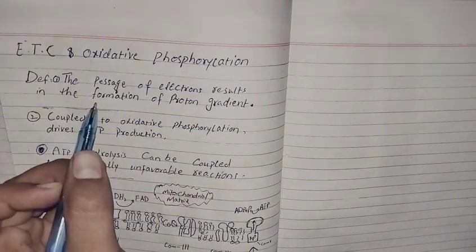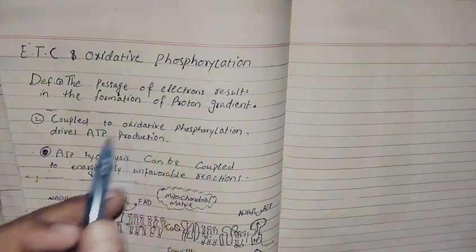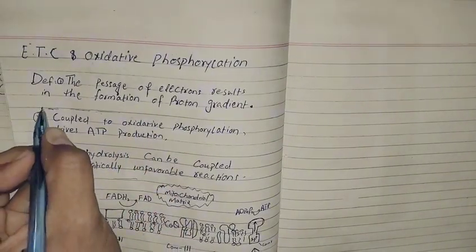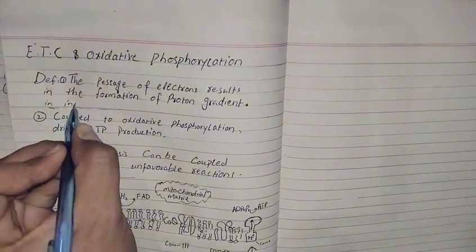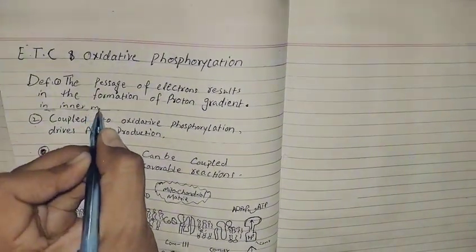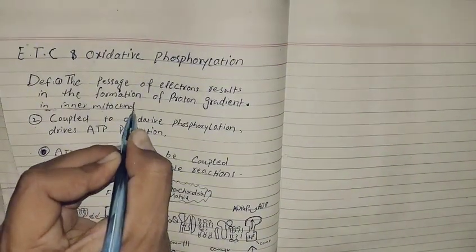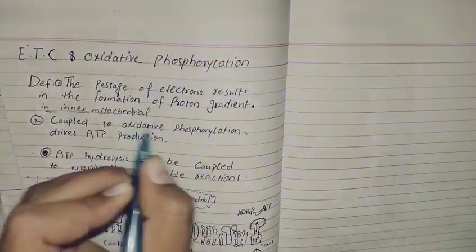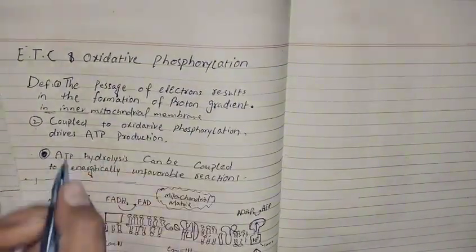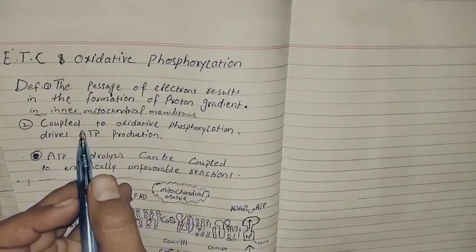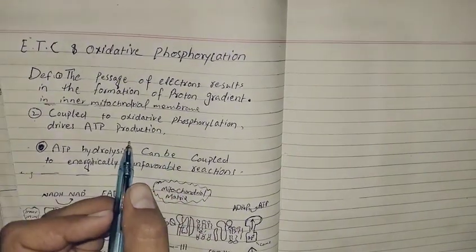So the first step in oxidative phosphorylation is the creation of the proton gradient in the inner mitochondrial membrane. And the next one is coupled oxidative phosphorylation, meaning the derivation of ATP production.